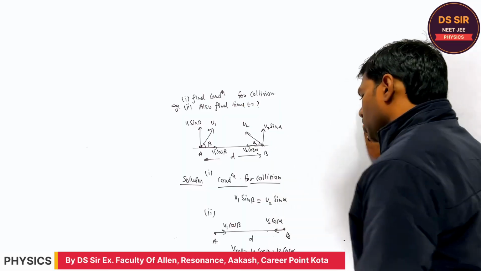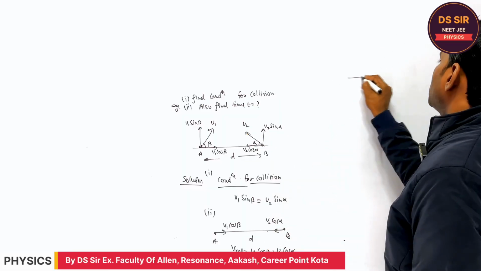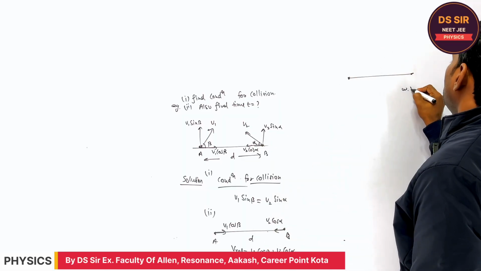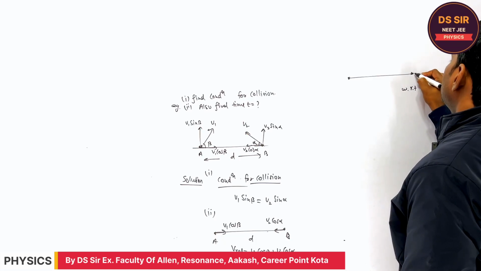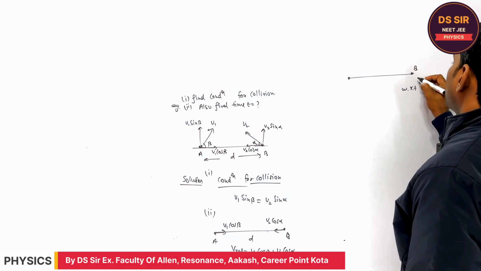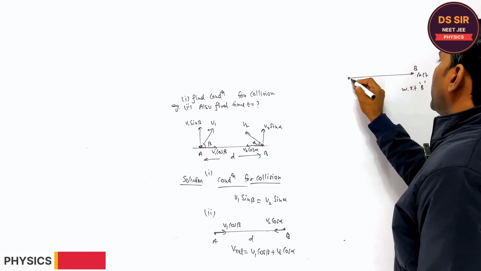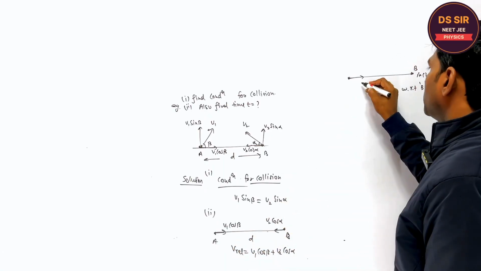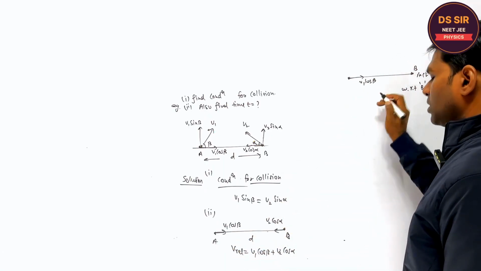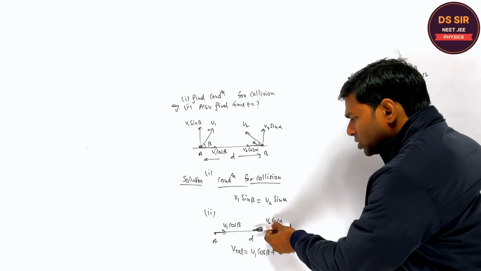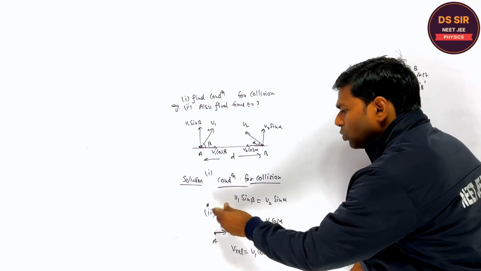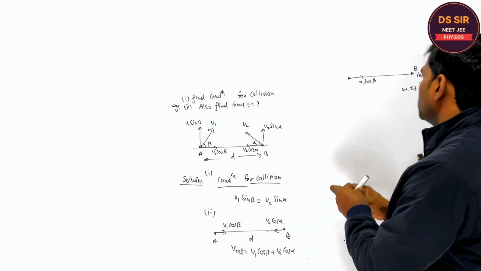Or you can do it in this way. With respect to B, you may sit on B. So B is at rest. And what is the velocity of A? Say v1 cos beta, and this is v2 cos alpha. It is transferred to A in the opposite direction.